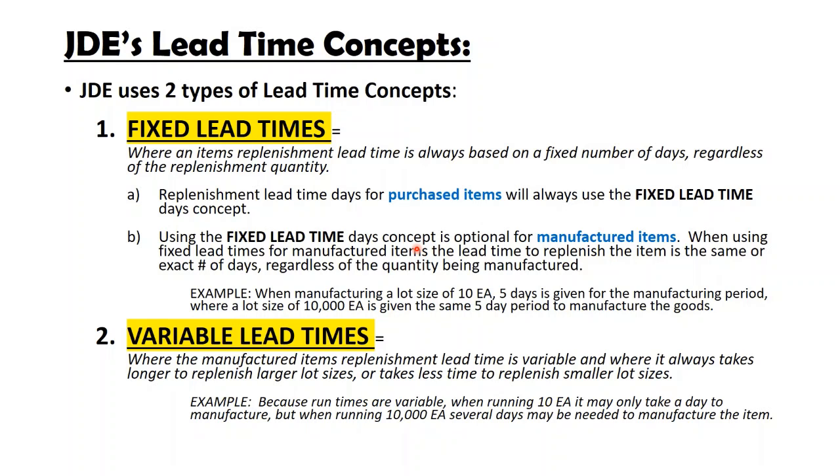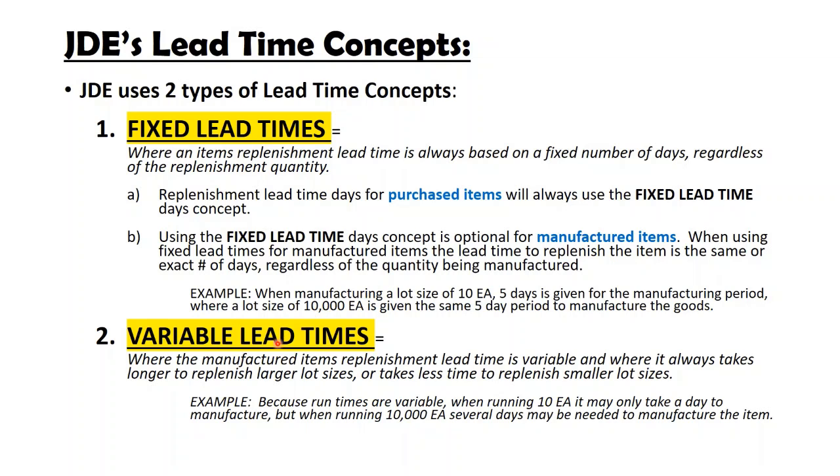An example would be when manufacturing a lot size of 10 inches, 5 days is given for the manufacturing period, where a lot size of 10,000 inches is given the same 5-day period to manufacture the goods.